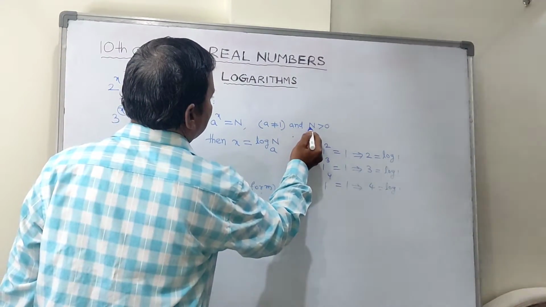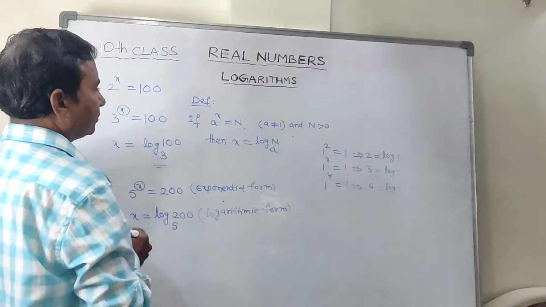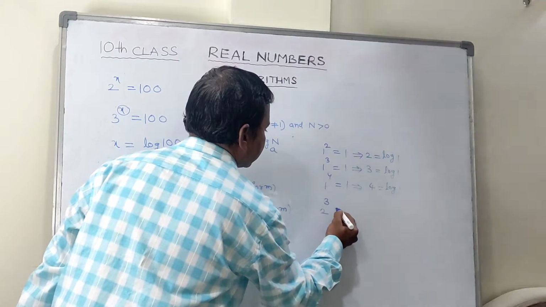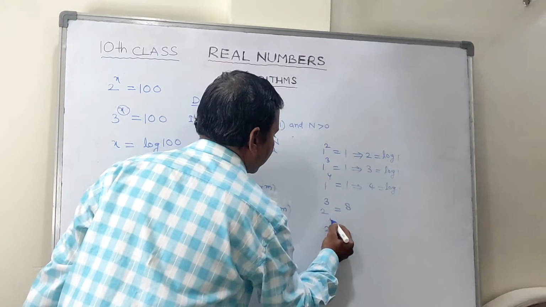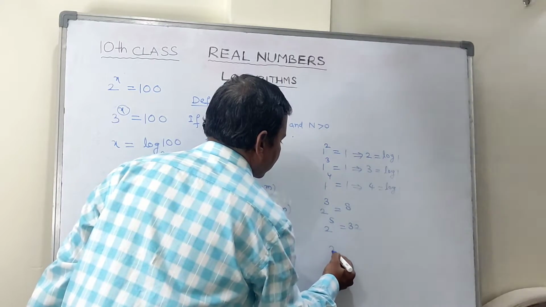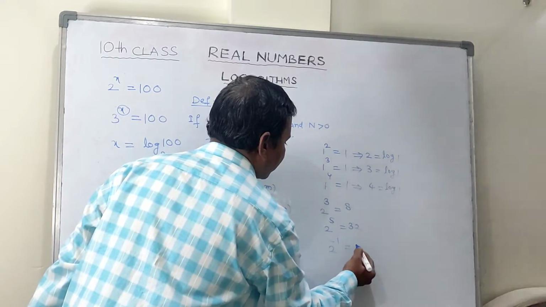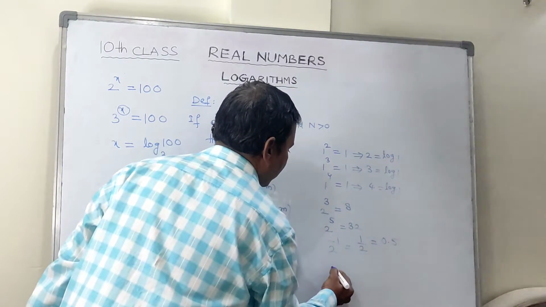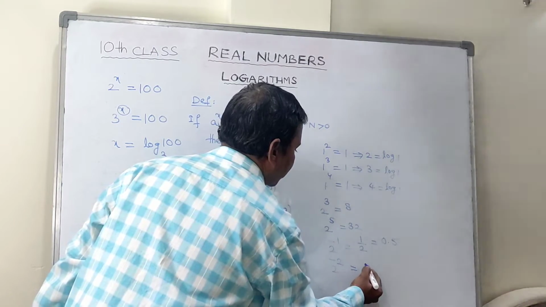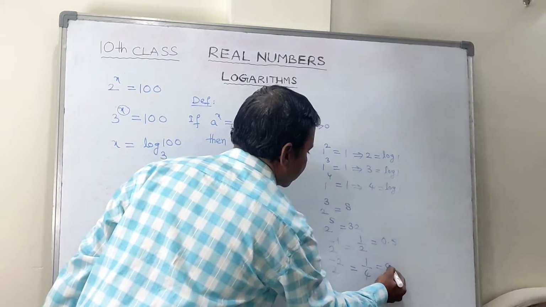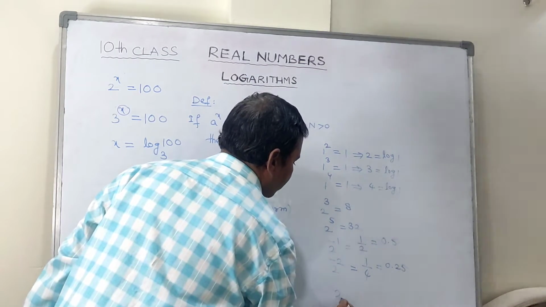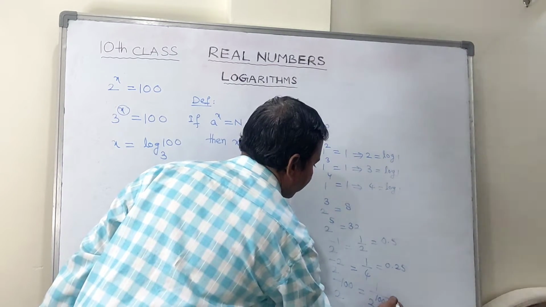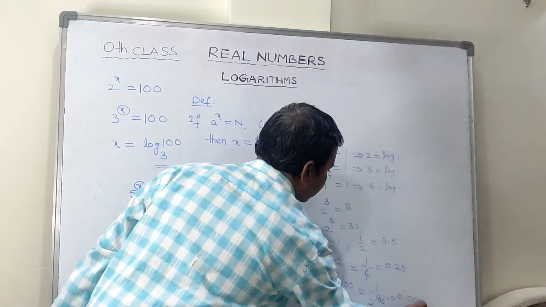And always our n value should be greater than 0. If you take any value, suppose 2 to the power of 3 is 8, 2 to the power of 5 is 32, and taking negative values, 2 to the power of minus 1 is 1 by 2, which you can write as 0.5, 2 to the power of minus 2 is 1 by 4, 0.25, 2 to the power of minus 100 is 1 by 2 to the power of 100, that is 0.000 and so on.